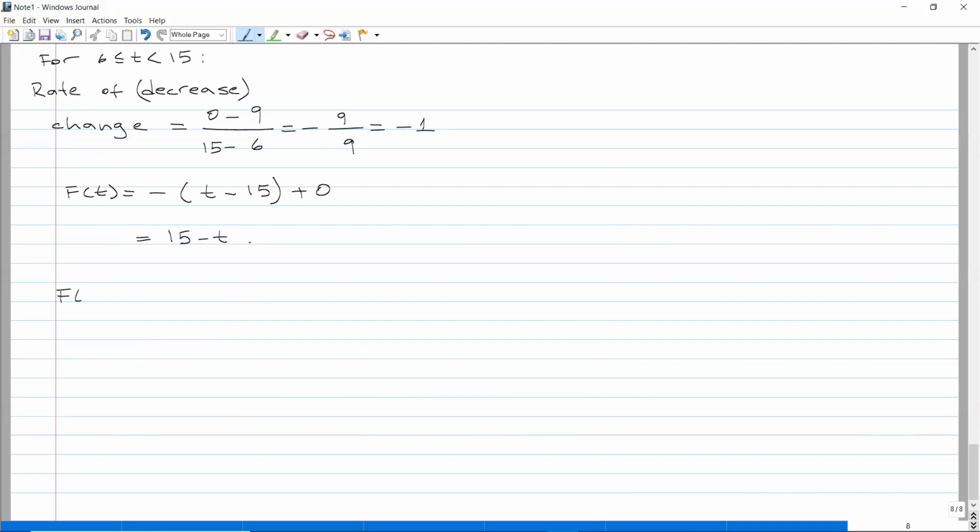So the external force then is 0 if t is less than 3, 3t minus 9 if t is between 3 and 6, and 15 minus t if t is between 6 and 15, and afterwards it is 0 again.